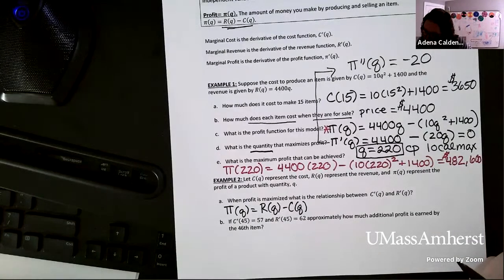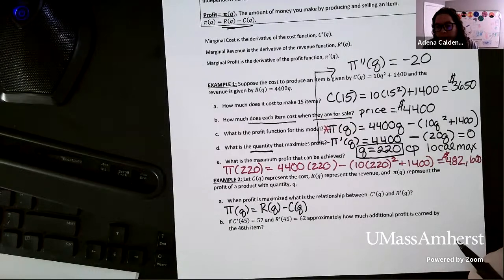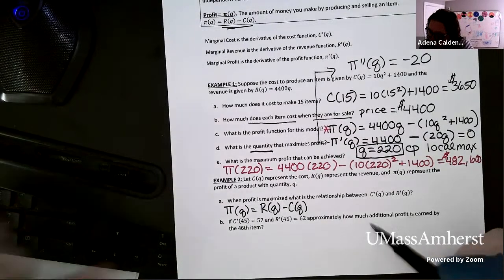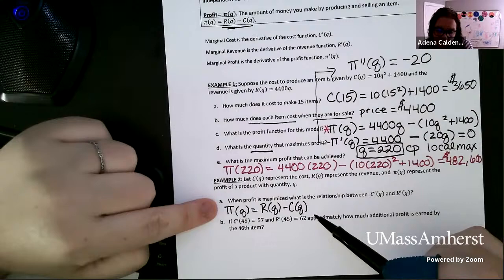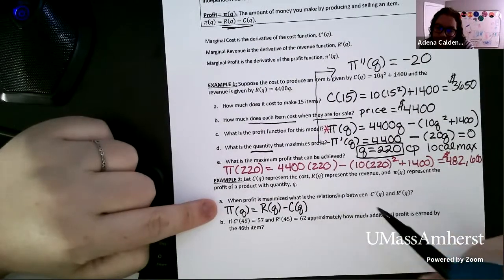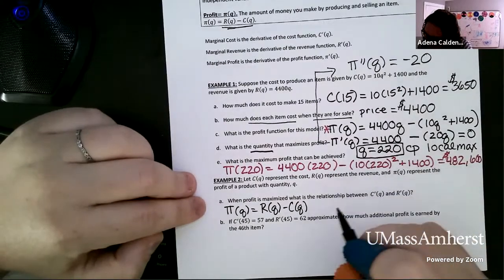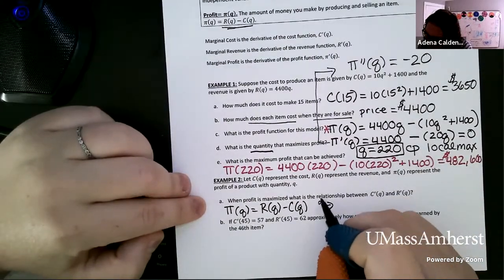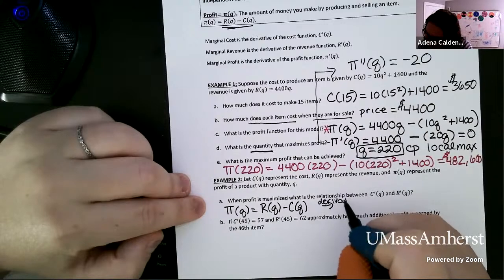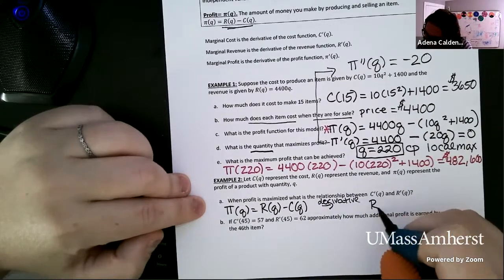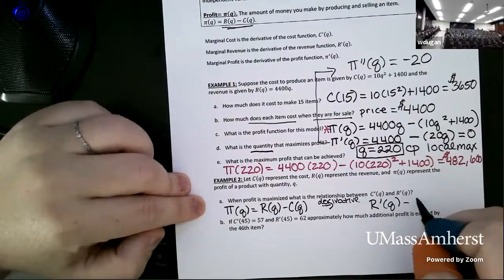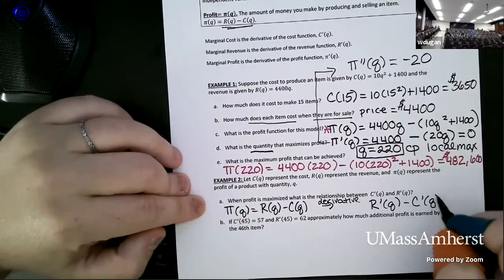All right, so for part A, we're talking about what happens when profit is maximized. So we think back to the general profit function. If we are maximizing profit, we are setting the derivative equal to 0. But the derivative of this function is going to be R prime of q minus C prime of q.